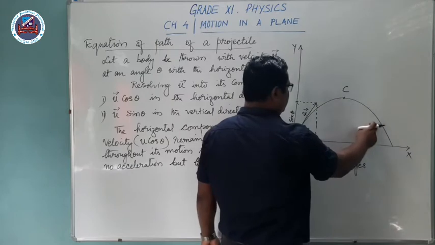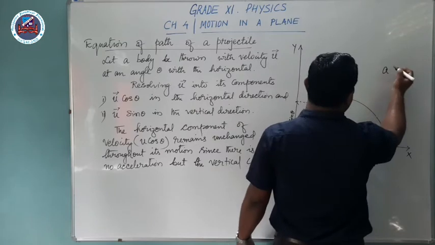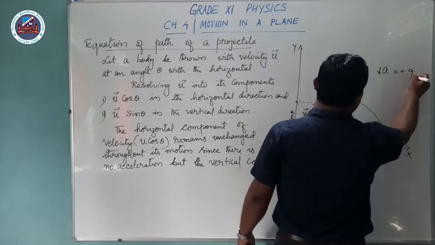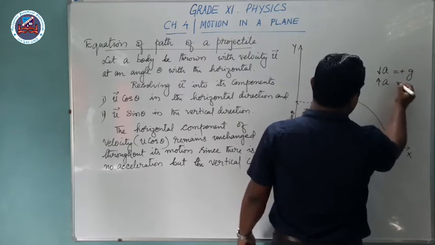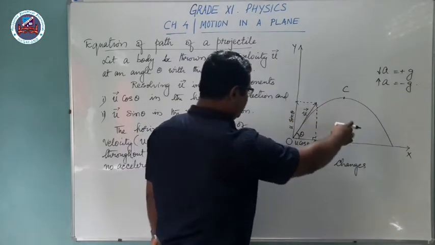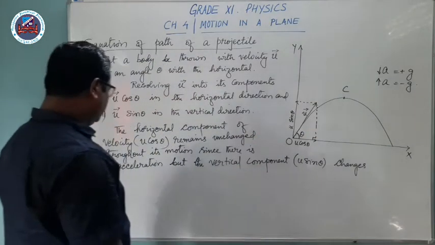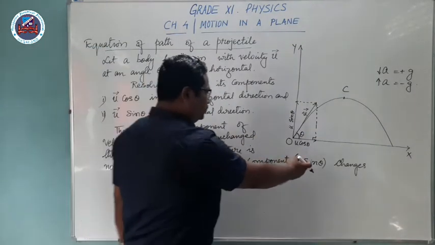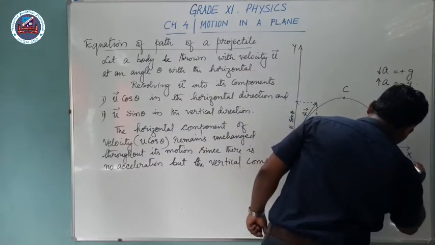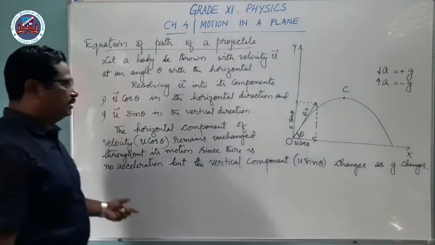There is acceleration, and downward it is plus g, and in the upward direction it is minus g. So because of the change in acceleration, the value of u sin theta will keep on changing during its motion. The vertical component u sin theta changes as g changes.